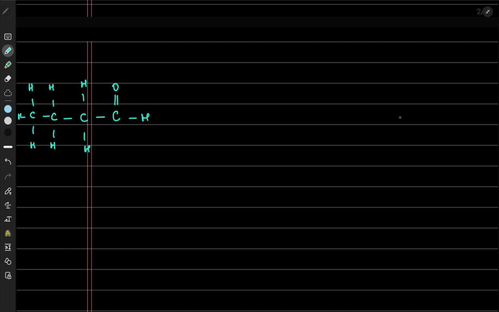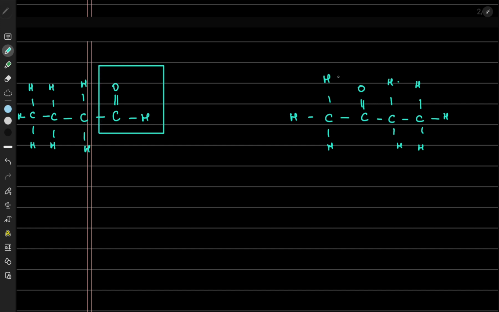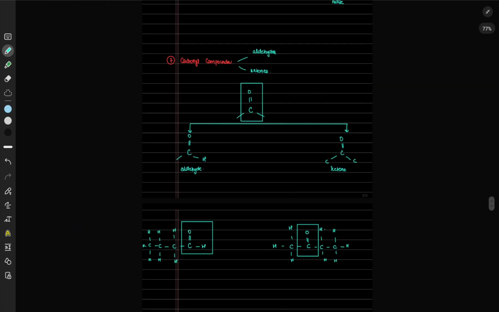And this compound, on the other hand, although it has a similar number of carbon atoms, would be known as a ketone, right? So this is an aldehyde and this is a ketone. Aldehyde because of this and a ketone because of this, right? As simple as that. Now let's move on to the next homologous series.